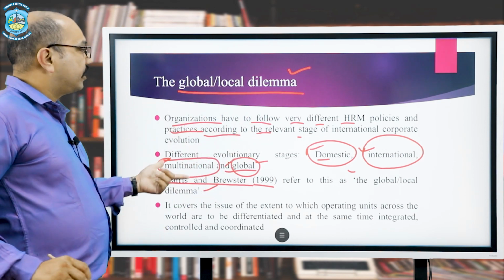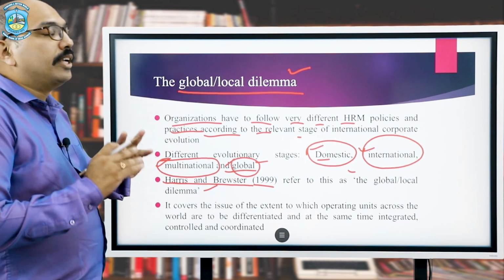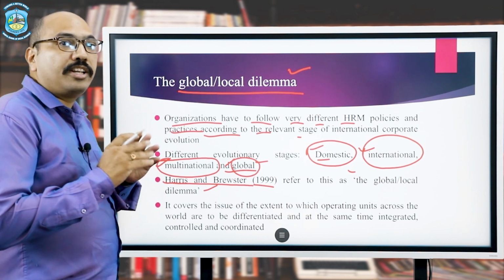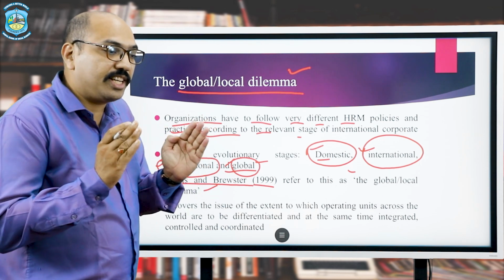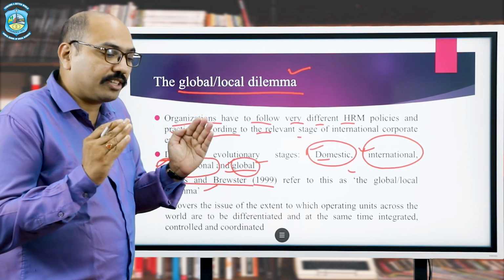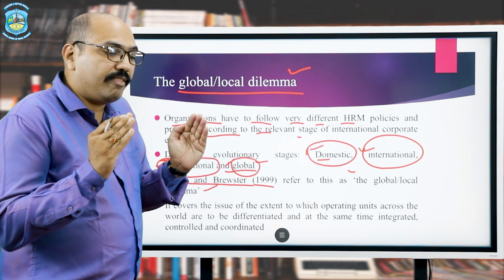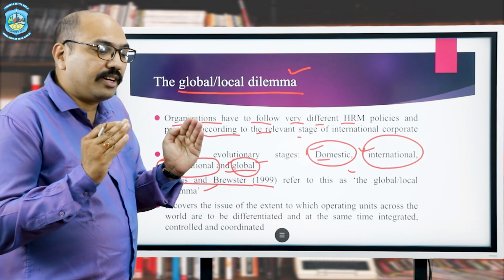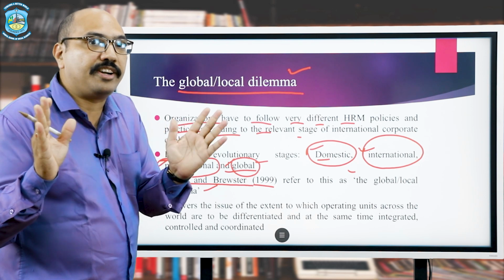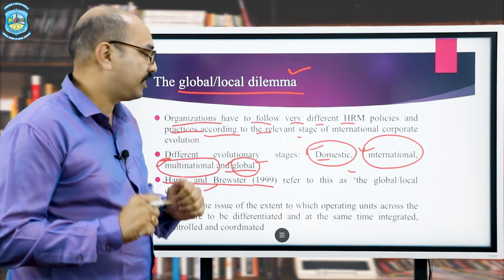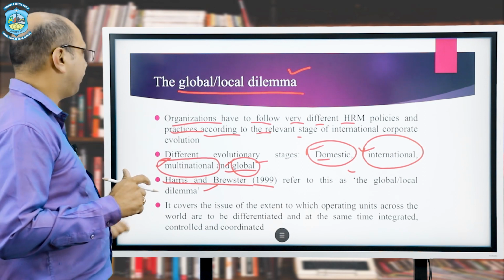So different levels are there. So basically it depends on the degree of the exposure of the organization. The internationalization of an organization varies from its degree of exposure to different countries and different regions and continents. So that way it has been classified.